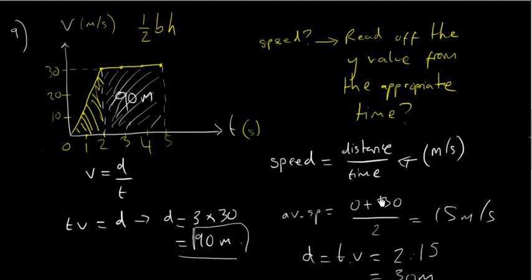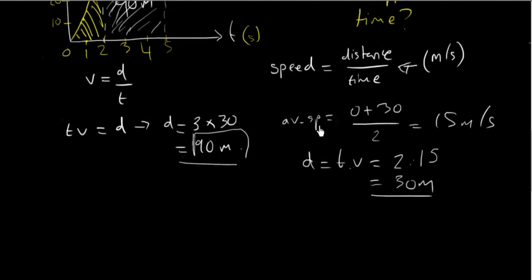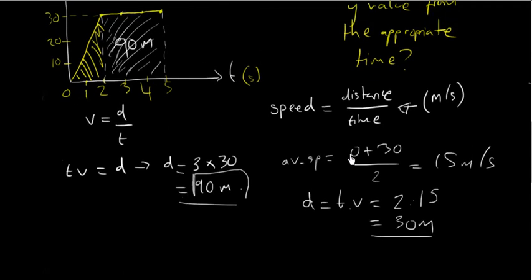We just did it in a slightly different way because we were averaging the speed. So we did 0 plus 30 divided by 2, and then we multiplied it by the 2 of the time here, this 2, right? And this was already divided by 2.